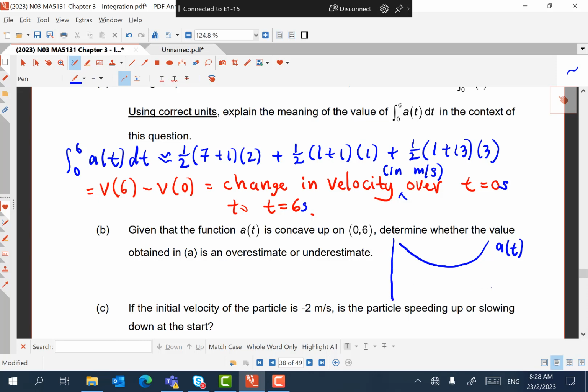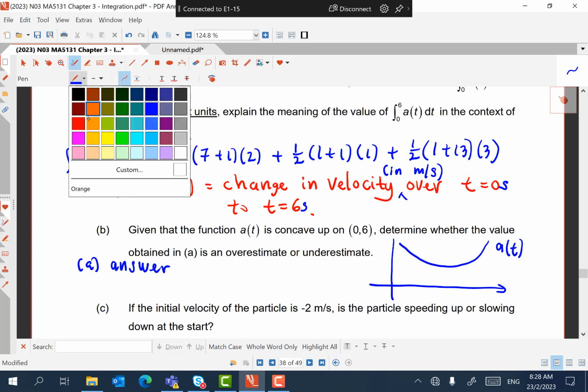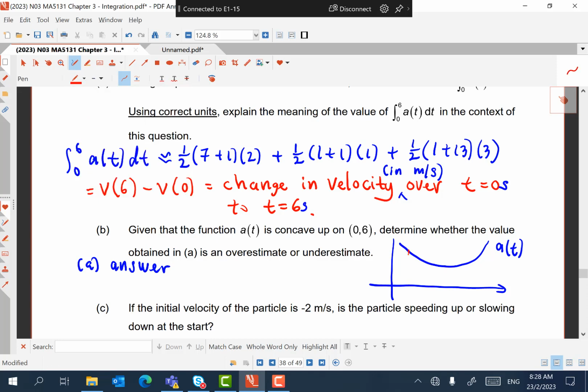If a graph is concave up, what do you think about this approximation? If a graph is concave up and you draw the trapezium, you can see very clearly that the trapezium actually overestimates.